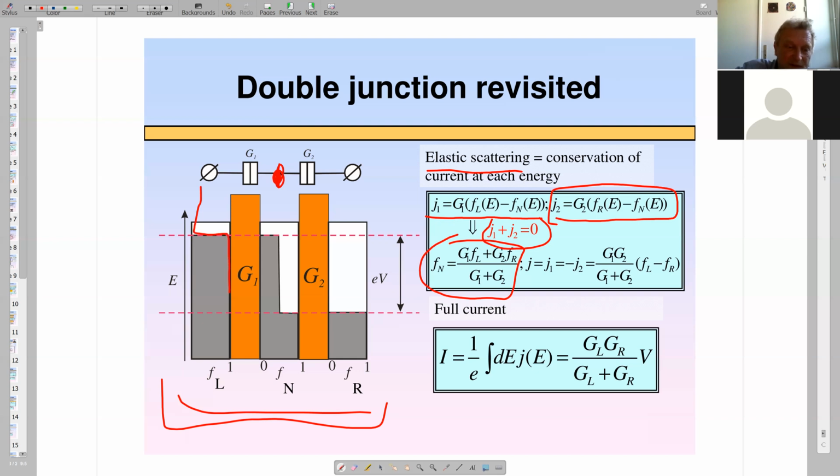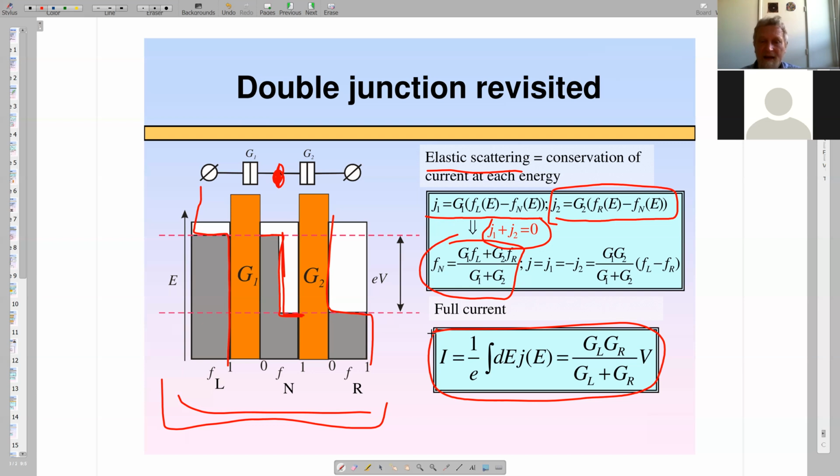So the steps of filling factors on the left and on the right are at different energies. What's important for me, and I will recall it yet in the course, is that in between I have a distribution with two distinct steps coming from the left and coming from the right. Good, I can compute now the full current, and yeah, if conductances don't depend on energy, I reproduce Ohm's law.